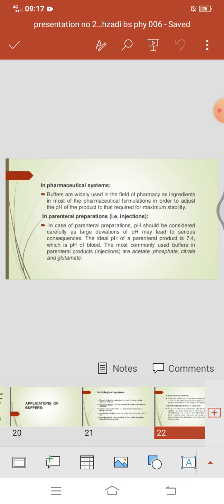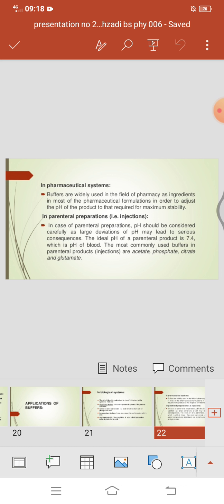In pharmaceutical systems, buffers are widely used in the field of pharmacy as ingredients in most pharmaceutical formulations in order to adjust the pH of the product to that required for maximum stability. In parenteral preparations, i.e. injections, pH should be considered carefully as large deviations of pH may lead to serious consequences.